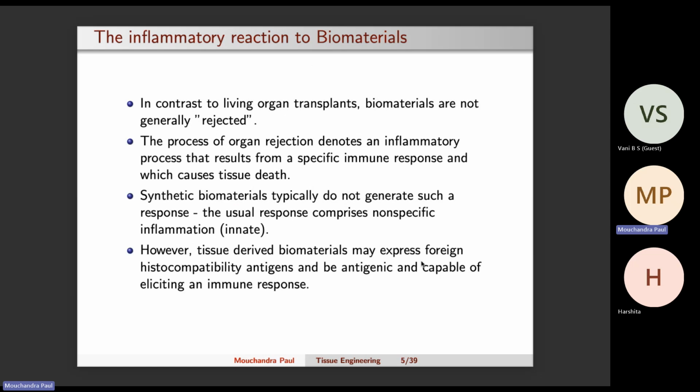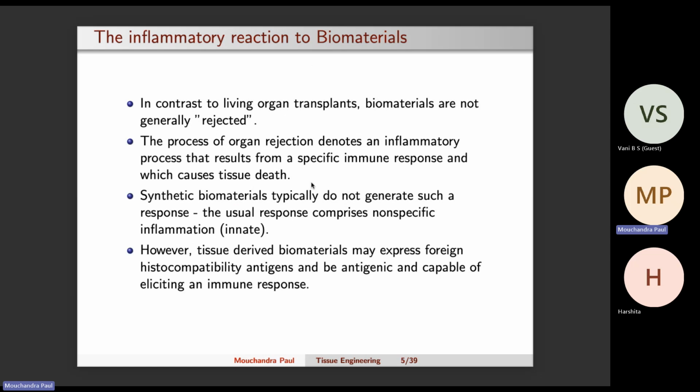How? Our body elicits an immune response which can specifically recognize that this tissue, this organ, is foreign to us, and elicit an inflammatory response which can cause the death of that organ, meaning that organ will stop functioning. So that is the rejection, that is, the organ has been rejected by the body.